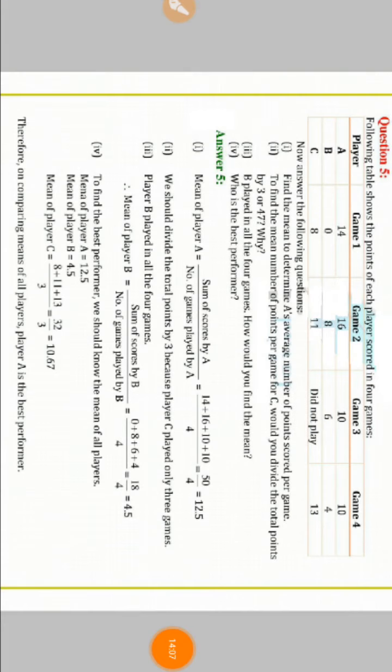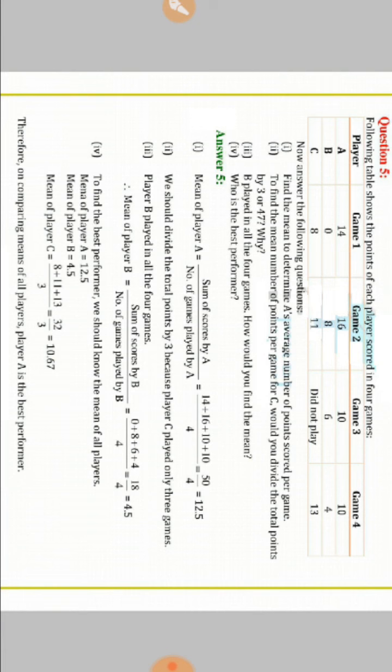Next question. The following table shows the points each player scored in 4 games. Which are the 4 games? Games 1, 2, 3, 4 are mentioned, and the players are A, B, C. Now answer the following questions.